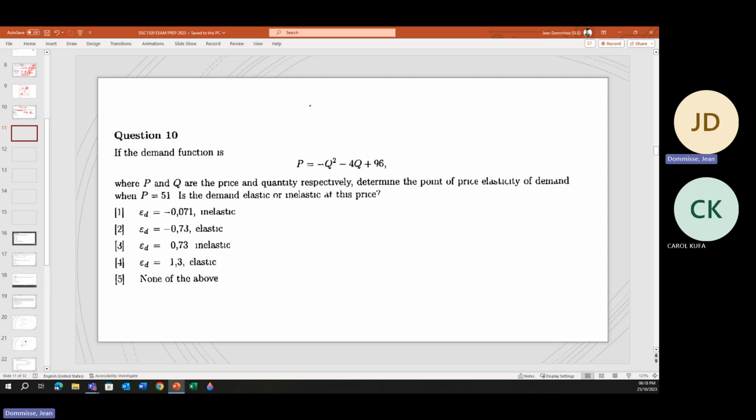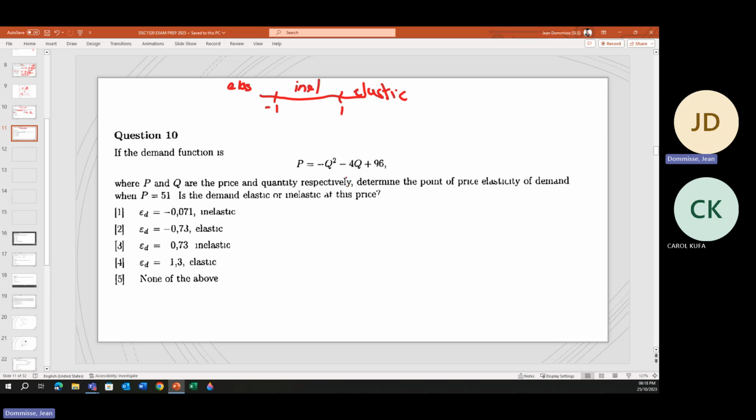What I normally like is to first draw this. Now I need to remember again: if it's bigger than 1, it's elastic. If it's smaller than -1, it's elastic. And then between -1 and 1, it's inelastic.